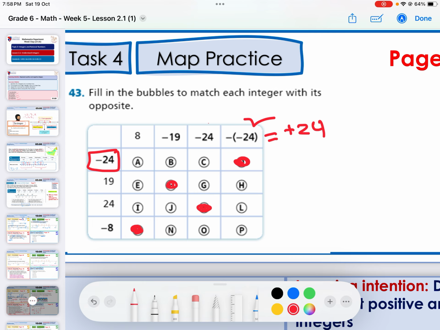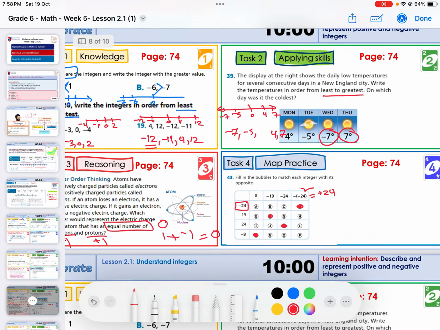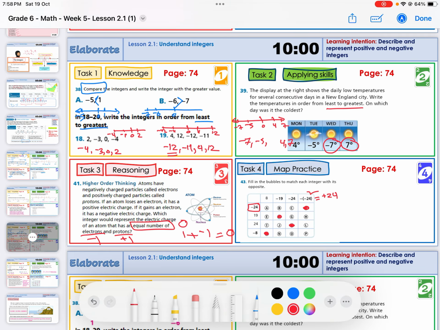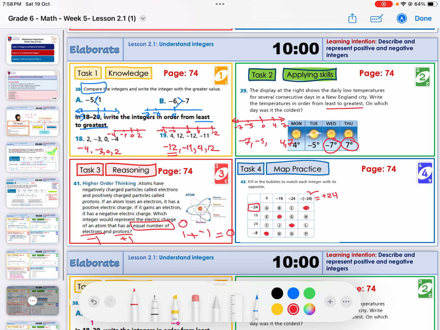Okay, guys? So I hope it's clear. So this is what you need for the test, inshallah. Just how to plot the integers, how to compare them, how to order them from least to greatest, and how to solve related real life applications. Which one is the warmest, the coldest? So try to solve.